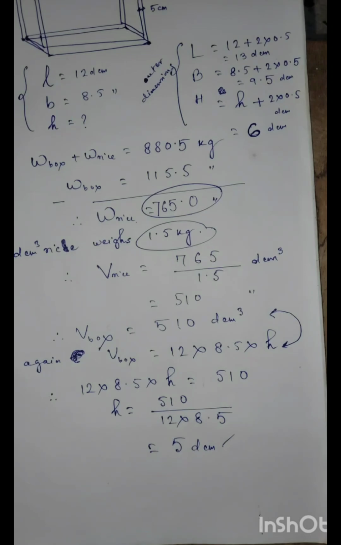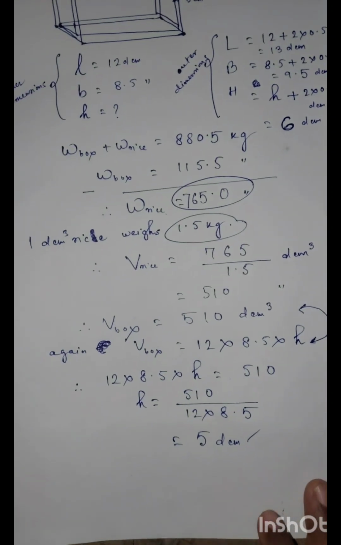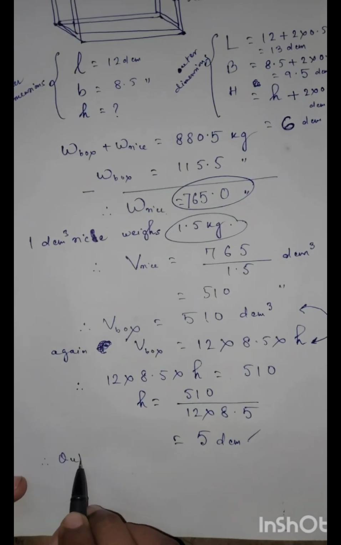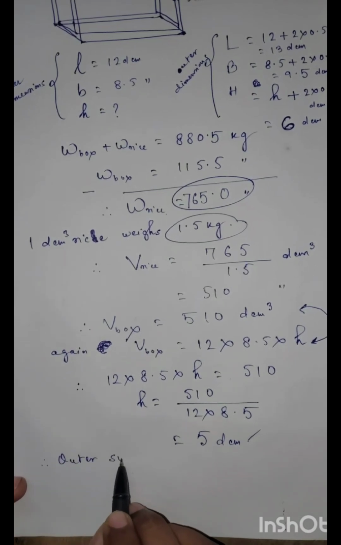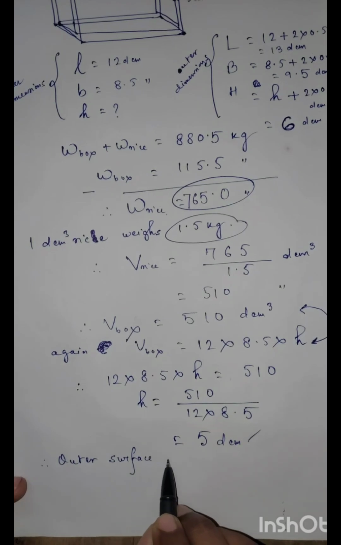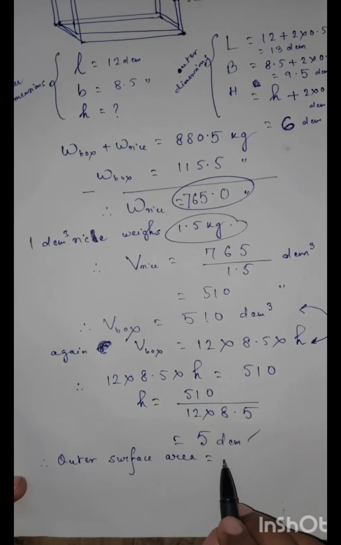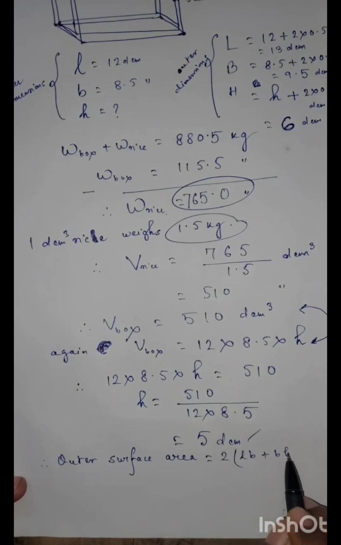And now the next part says, let us calculate the total expenditure to color the outside of the box. So we need to find out the outer surface area, equal to 2 into length breadth plus breadth height plus height length.